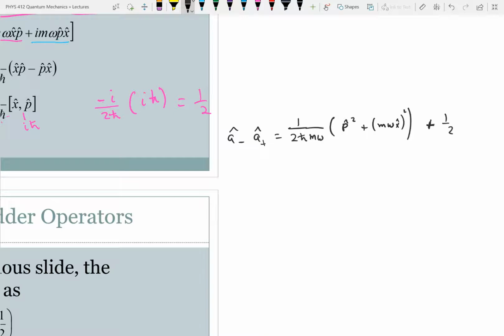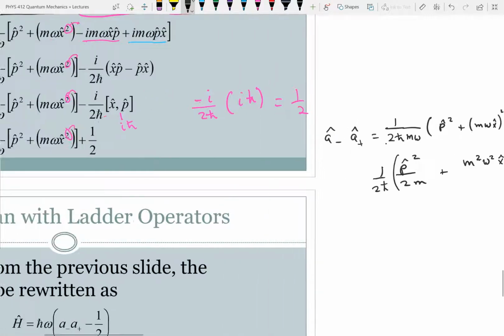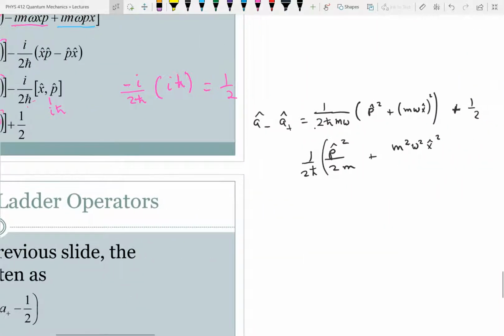Well, let's expand this first part. So notice the P hat squared over 2M is kinetic energy, so I'm going to leave 1 over 2 H bar factored out, and only bring in the 2M. This one I'll do more explicitly.